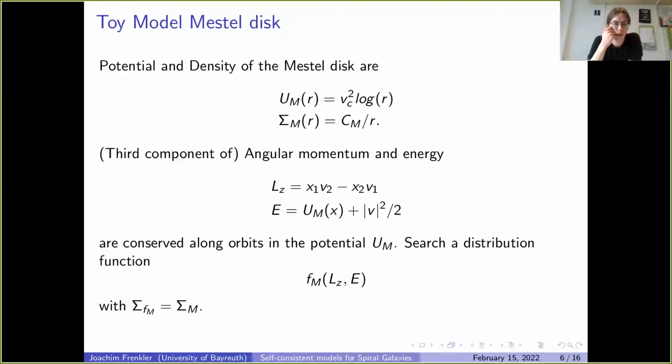The density of such a Mestel disk is a bit more difficult to find, but once you found it, it's easy to write down. We just need a constant Cm, which depends on the velocity, divided by r.